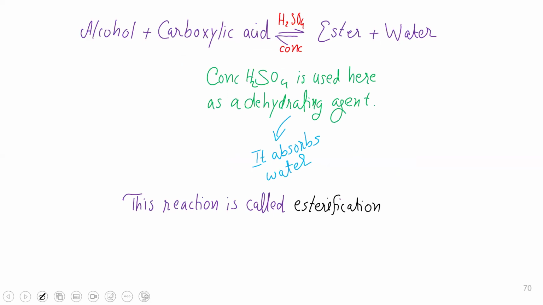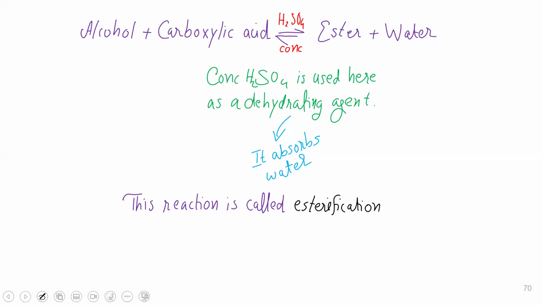Concentrated H2SO4 is sitting on the arrows. It means it is a catalyst. When something is sitting on the arrow, it means it is not a pure reactant, it's a catalyst. Concentrated H2SO4 is used here as a dehydrating agent. This means it is going to absorb water on the right hand side.